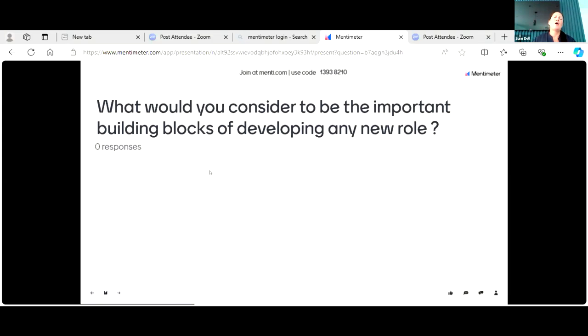So I'm hoping this works, but I just want to ask you what you would consider to be the important building blocks to developing any new role. I'm hoping that your responses will come on screen, and then we can work through them in terms of what you think are the building blocks for developing this.